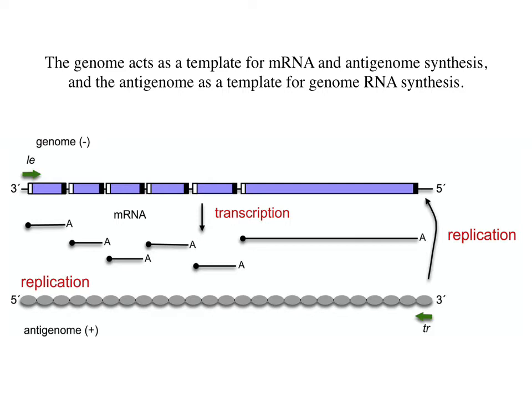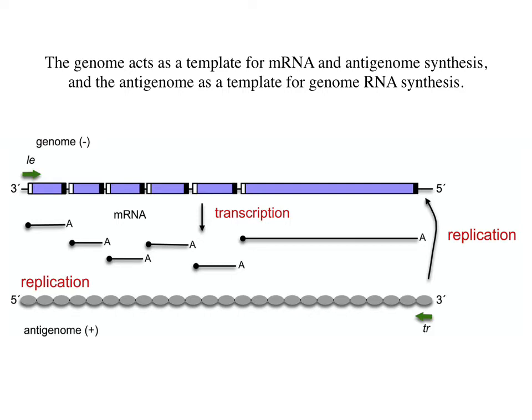The complex of N protein and RNA is quite stable and serves as the substrate for transcription. The active viral transcription complex of proteins, also part of the nucleocapsid, consists of P and L proteins. There are about 50 copies of L in the virion.